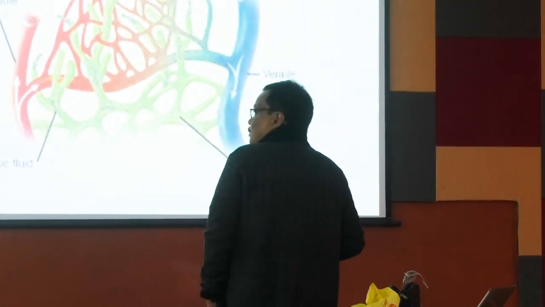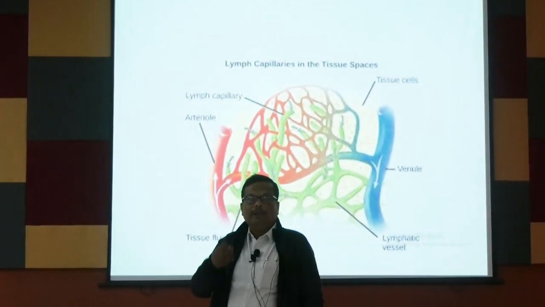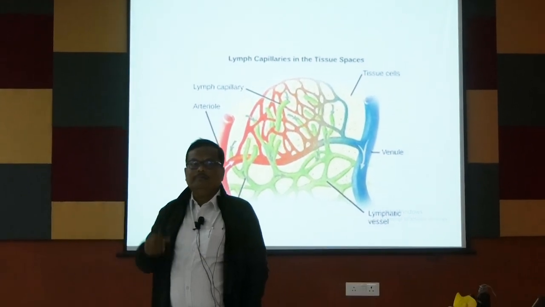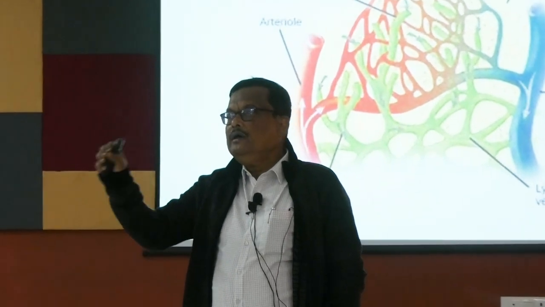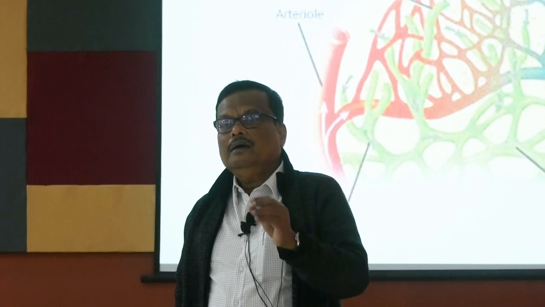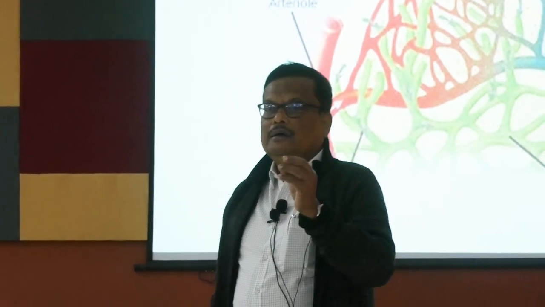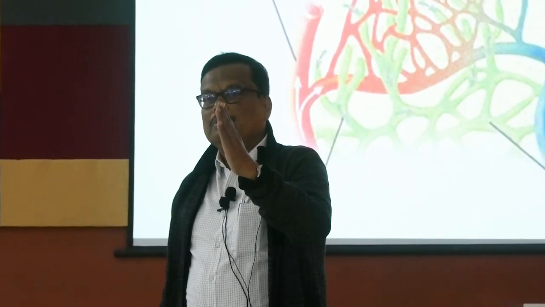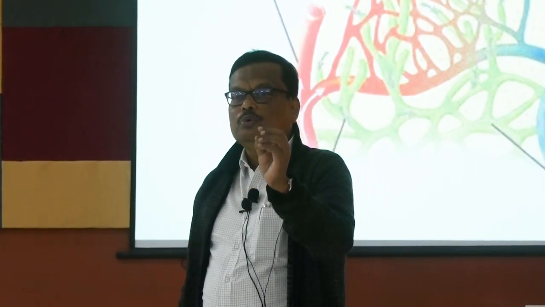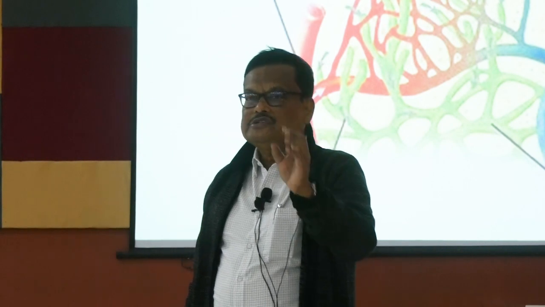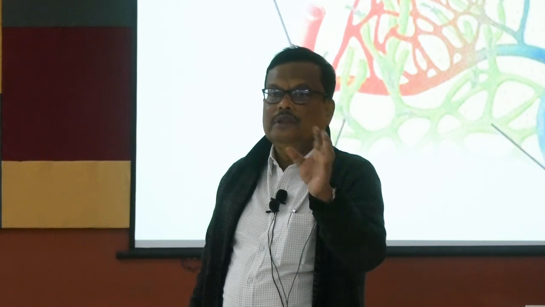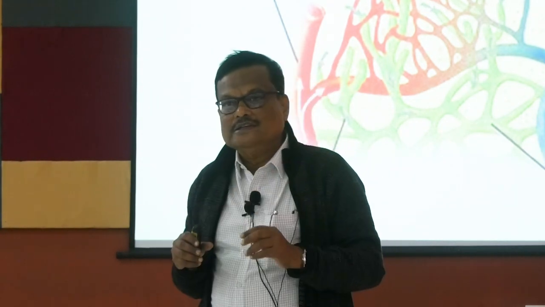You know, the heart pumps blood throughout the body, oxygenated blood. It goes to the tissues, the cells in the distal part, and some of it is filtered through the blood vessel wall, plasma with some important nutrients, glucose, dissolved gases, oxygen, amino acids, etc., goes out in between the spaces of the cells.